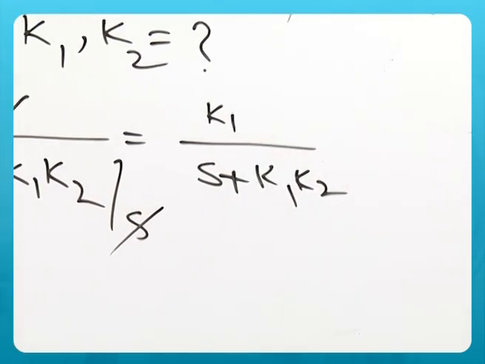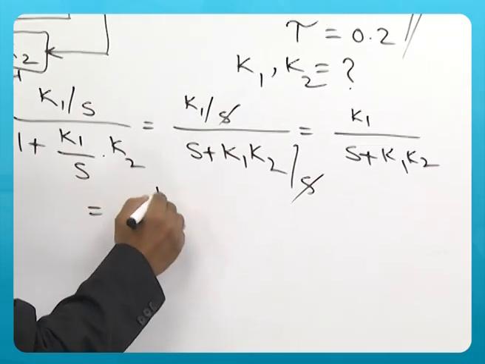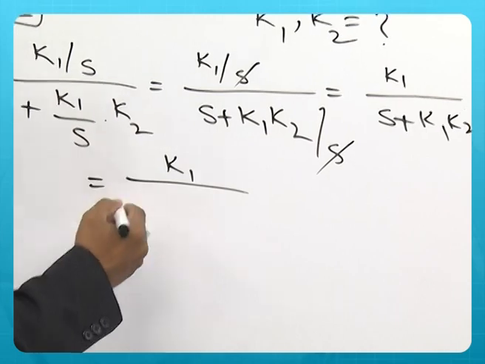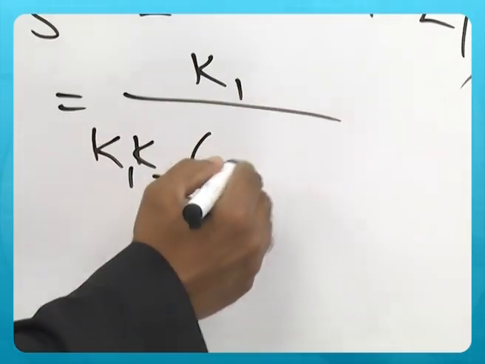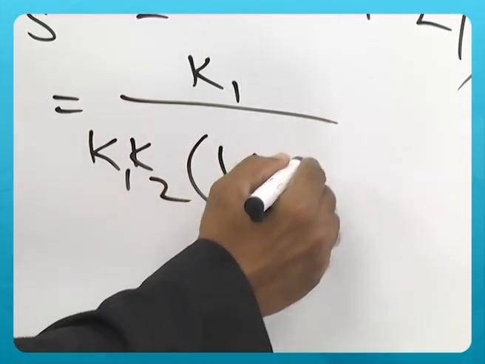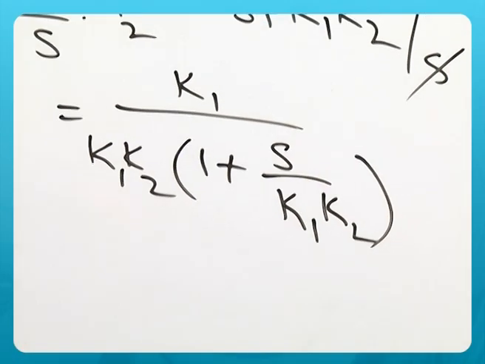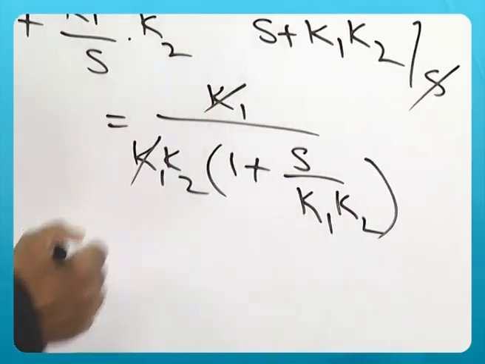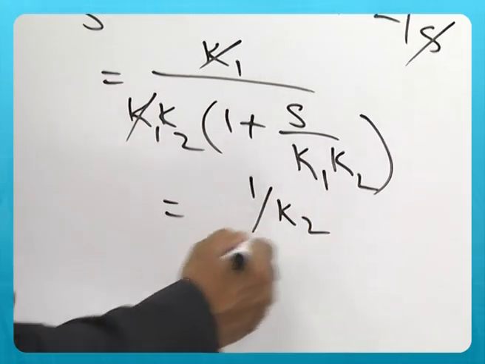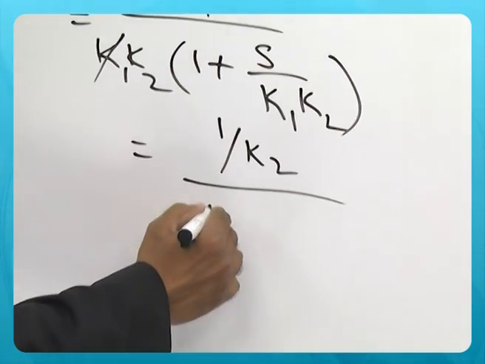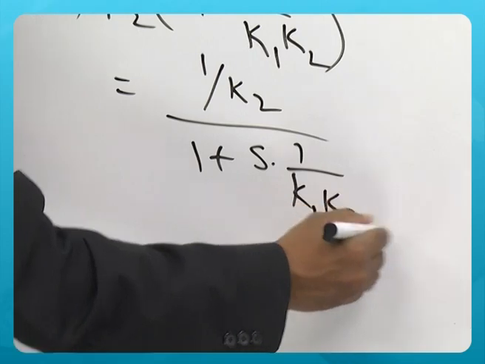Let us write this in the time constant form. That means k1 by k1 k2 taken out, so it will be 1 plus s by k1 k2, and this k1 and k1 gets cancelled. So it can be (1 by k2) by (1 plus s into 1 by k1 k2).